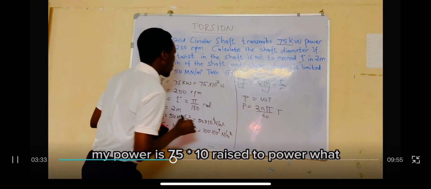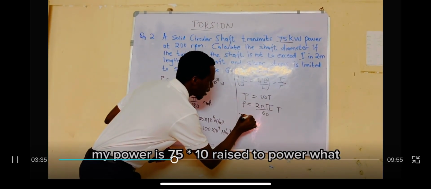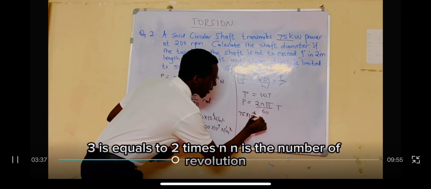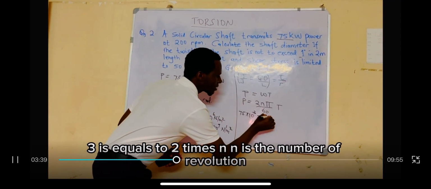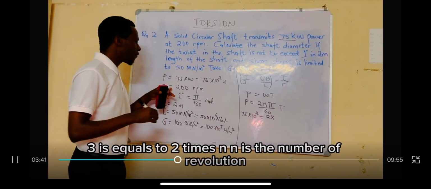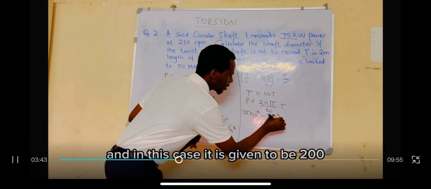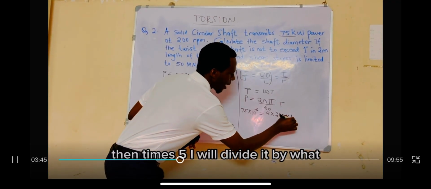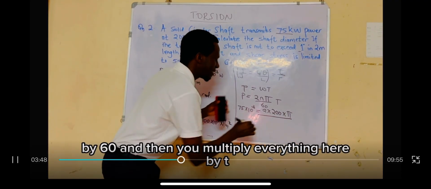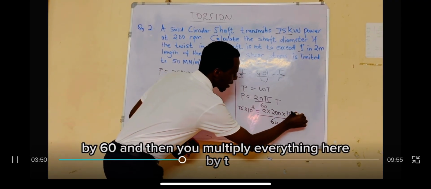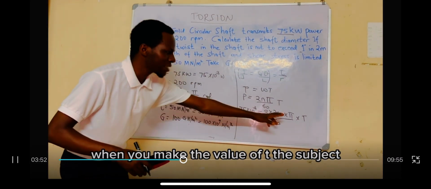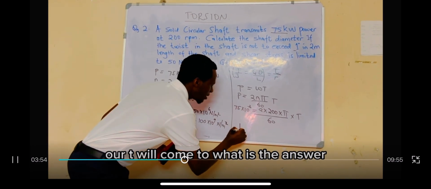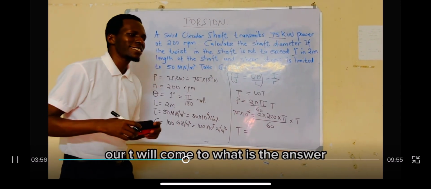What is my power? My power is 75 times 10 raised to power 3 is equals to 2 times n. N is the number of revolutions, and in this case it is given to be 200. Then times pi, I will divide it by 60, and then you multiply everything here by T. When you make the value of T the subject, what is the answer in this case?